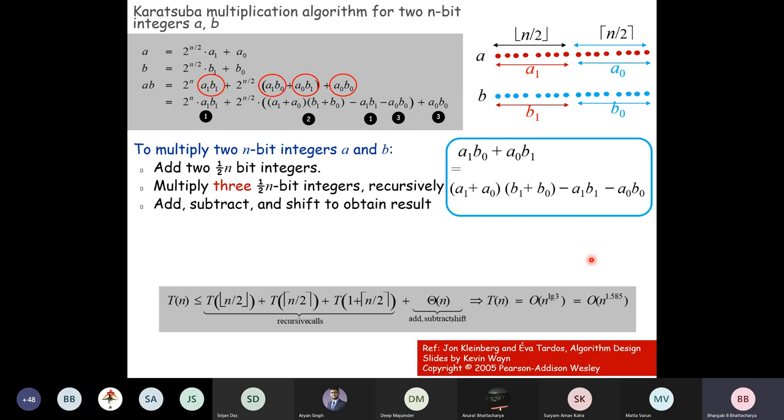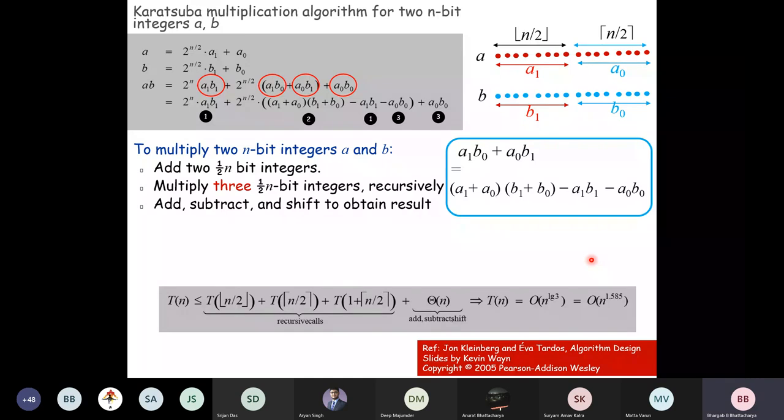It was solved by an undergrad student only at the age of 23. And this disproves Kolmogorov's result or conjecture that multiplication cannot be done in less than n squared. In fact, it does: n to the power 1.585.